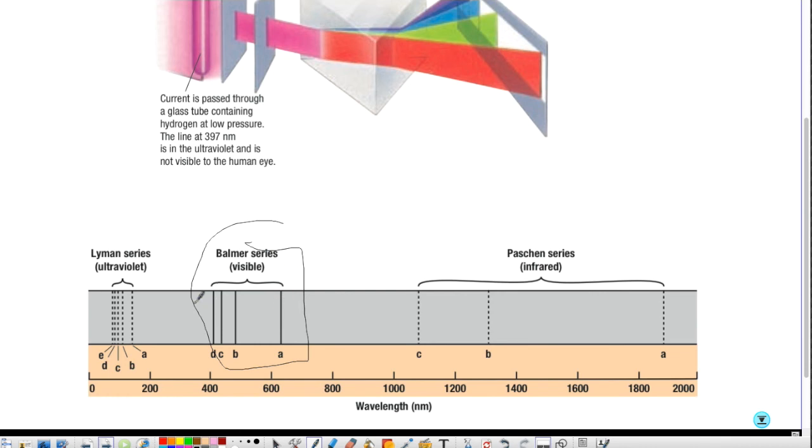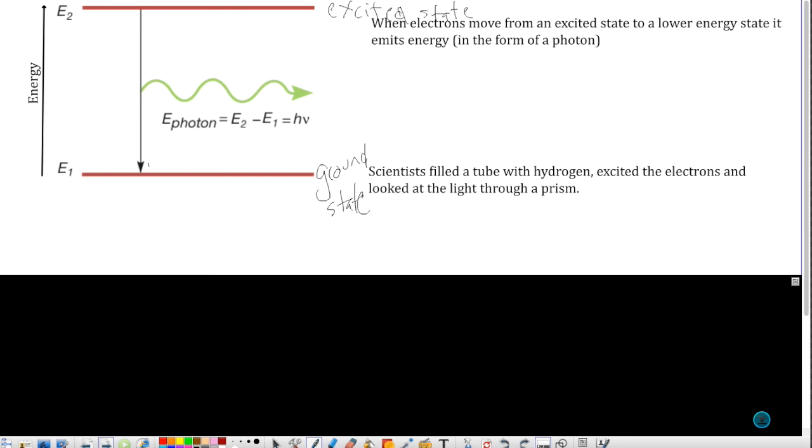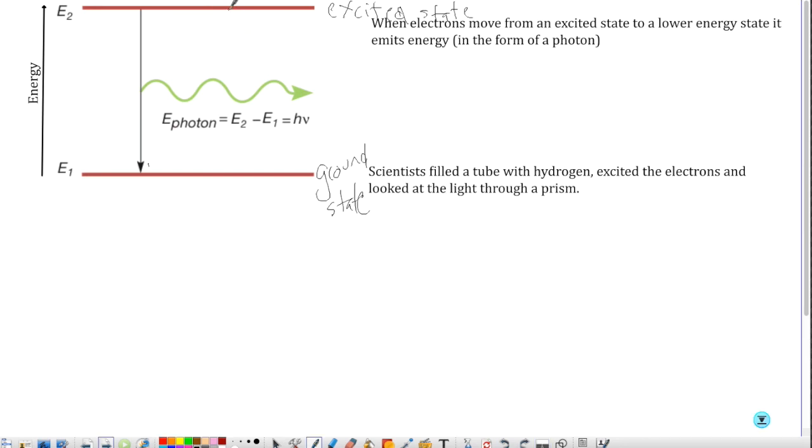Okay? So what's going on here? Well, this leads people to the conclusion that only certain energy levels are allowed, right? Because if I go back a couple slides and take a look at this, anytime there's a transition, I could release a photon that would have a certain frequency.